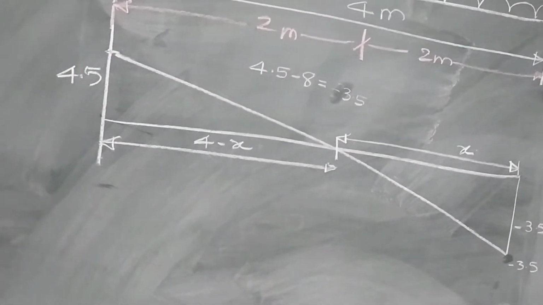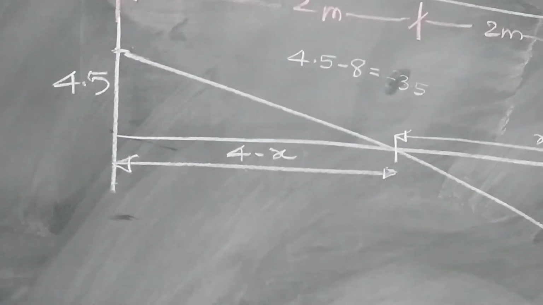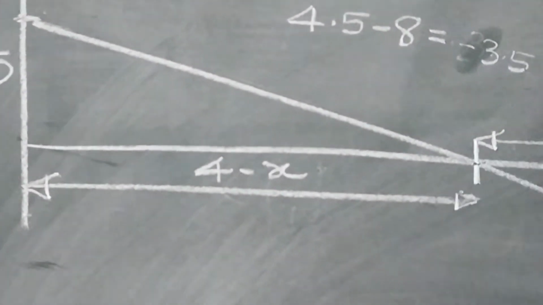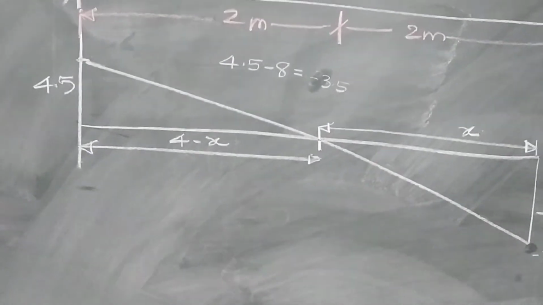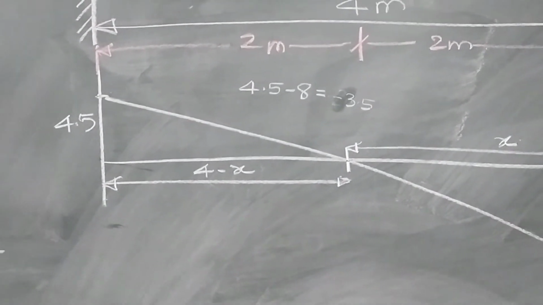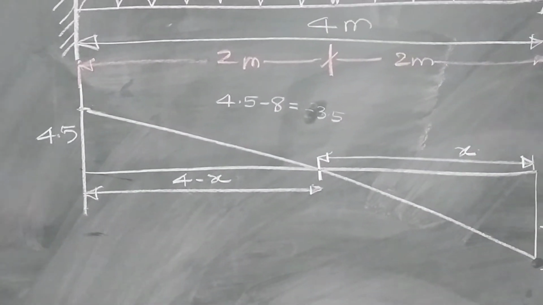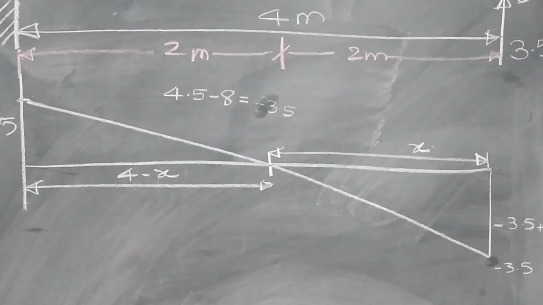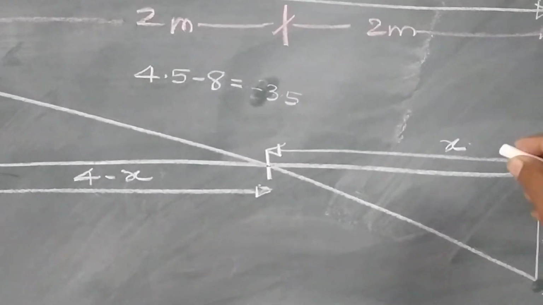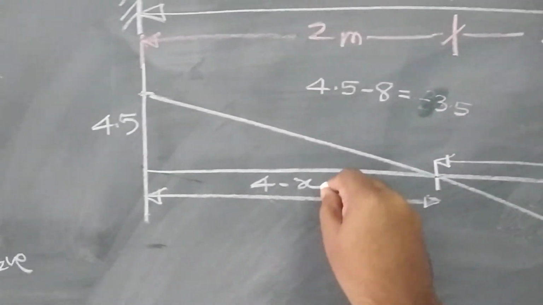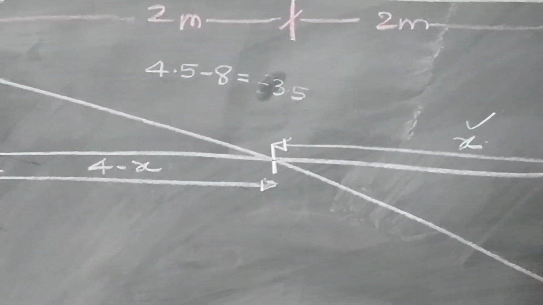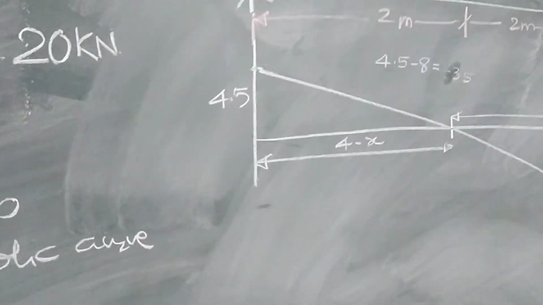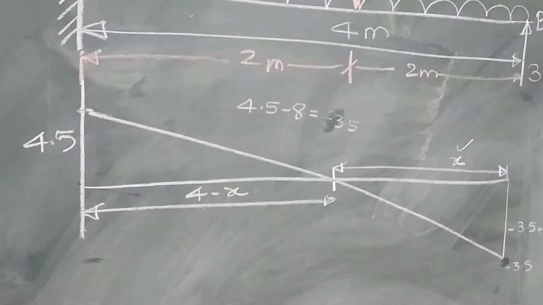Now, for maximum bending moment, we have to calculate this point of contraflexure, that is where shear force diagram changes its sign. So, as per our regular practice, we are having two triangles, and let us assume this as x, this as 4 minus x, this is nothing but 3.5, this is nothing but 4.5. So, let us solve this to find out x.